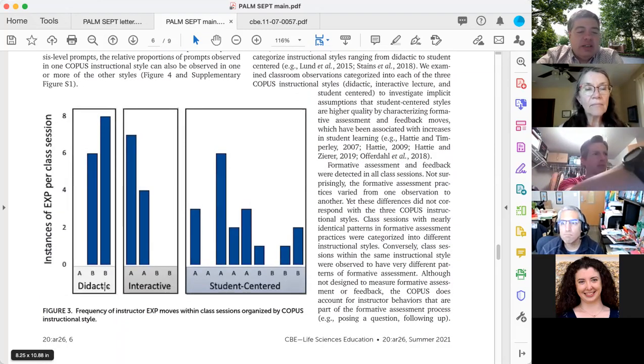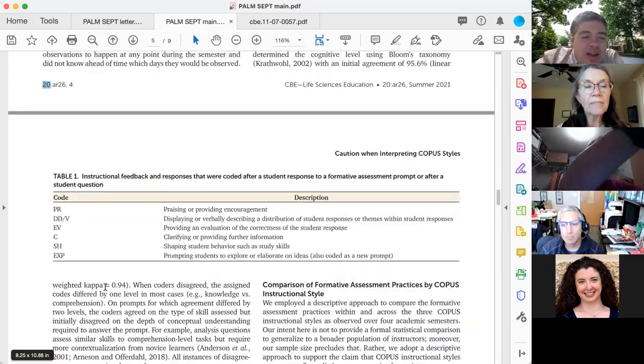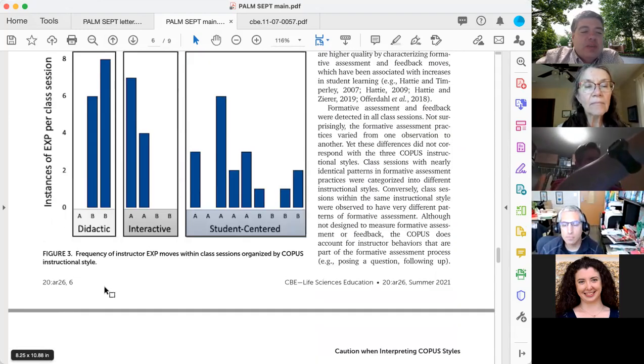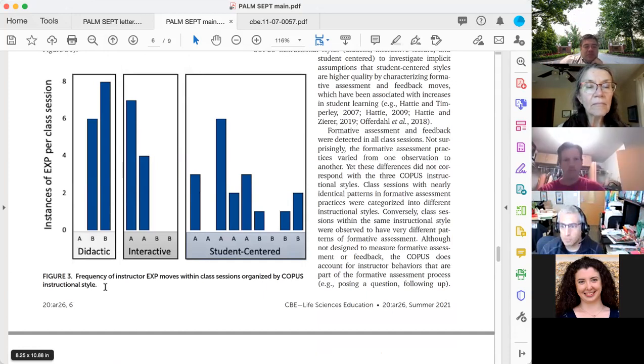So we can look at this slightly differently. Frequency of the instructor EXP, the elaboration, expand, within each class. It's a honed-in look, but it gives you another sense of not seeing much of a correlation.